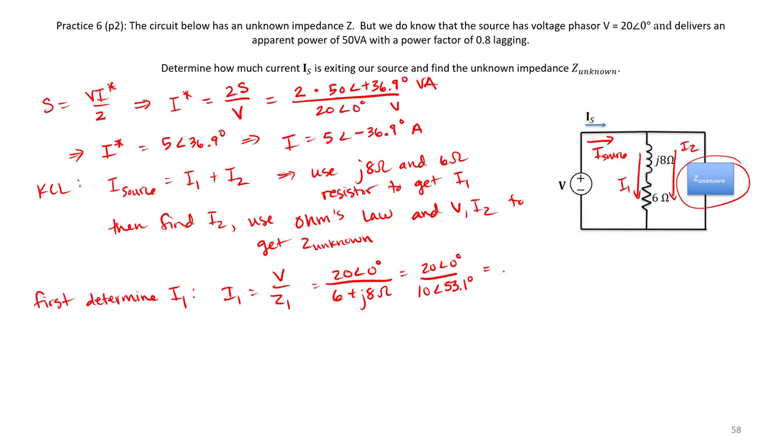If we take that division, we determine that I1 will be equal to 2 angle negative 53.1 degrees amperes. Now that we know I1, we know that I2 will be equal to I source minus I1.